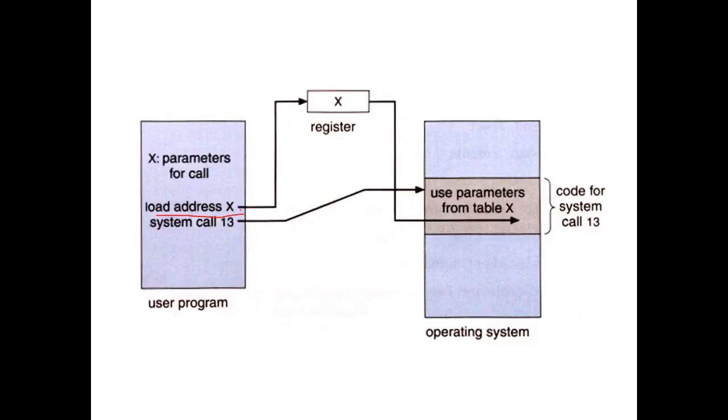See, load address X, and it is stored in the registers, and it will identify in the operating system's table where those system calls are stored. That address it will identify, and the address with the system call number will be sent. So based on the address and the system call number, it will recognize which type of system call it is, execute it, and respond to the user program.